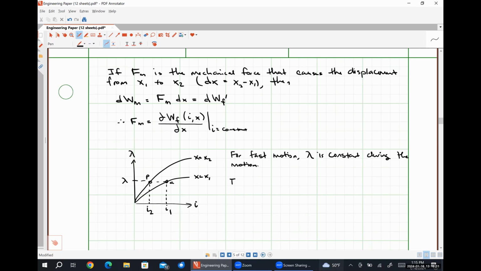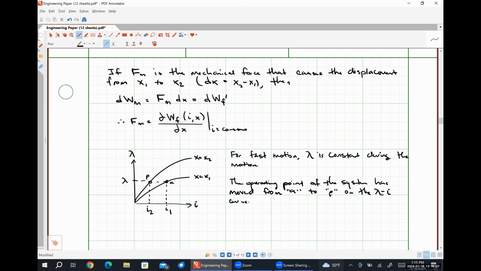So we can see that the operating point of the system has moved from point A to point P on the lambda-I curve.